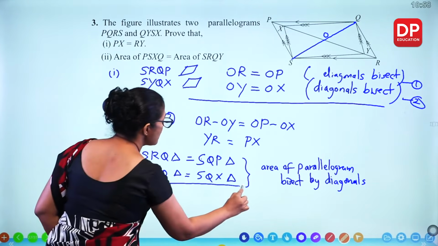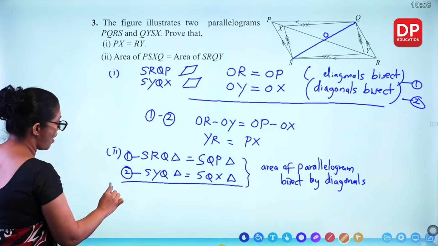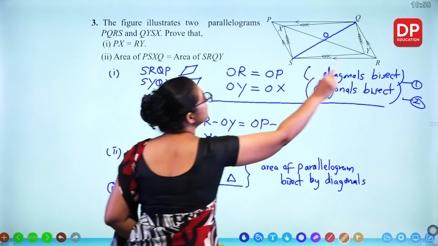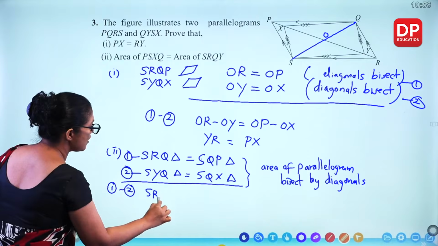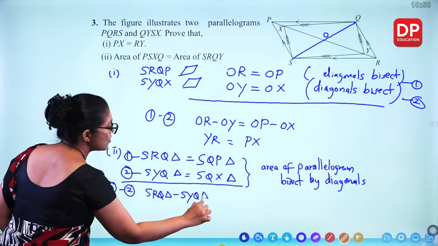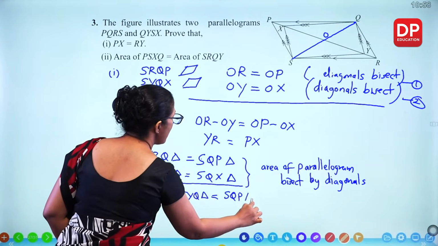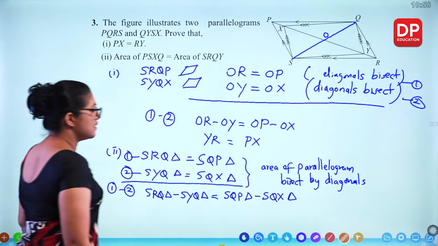Now I want to subtract. I'll take this one as 1, this one as 2. 1 minus 2, bigger area minus smaller one. SRQ triangle area minus SYQ triangle area is equal to SQP triangle area minus SQX triangle area.